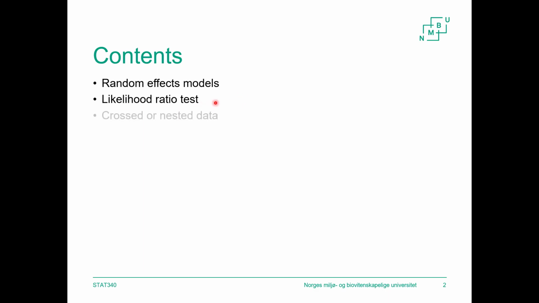Yep. And then finally, we need to talk a little bit about crossed or nested data, because that's something we typically come across now when we talk about these mixed models. We often use mixed models for data where we also have nested data. And we will have a look at what is the difference between crossed and nested data.